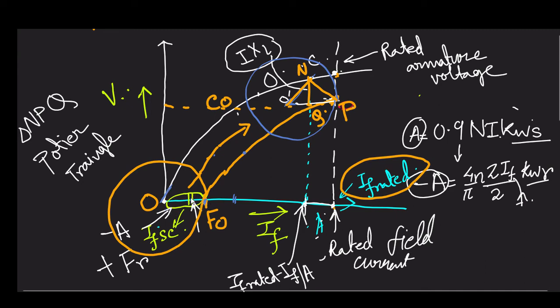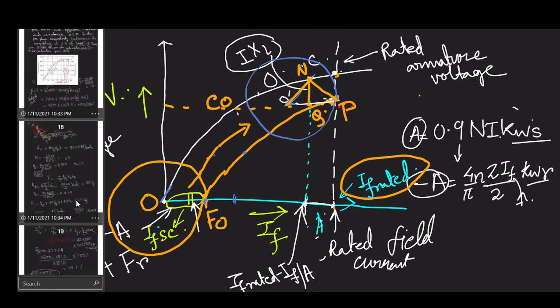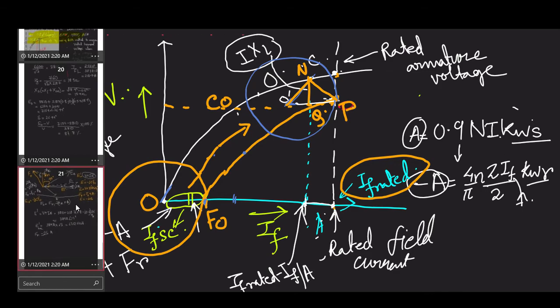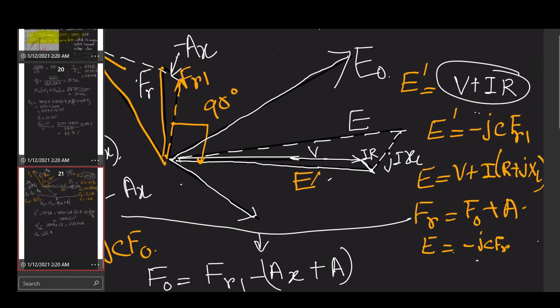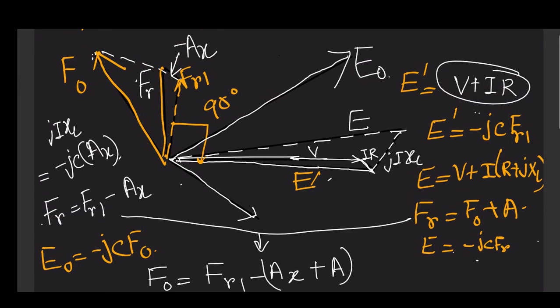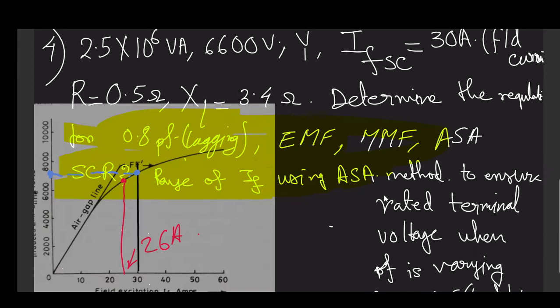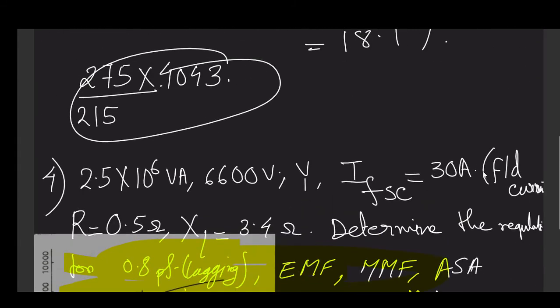So if that is the case, we are assuming that this IFSC is approximately equal to A plus AX. That value is also given. Here in your problem it is given that IFSC, yes, this one is 30 ampere field current. So this is equal to A plus AX.